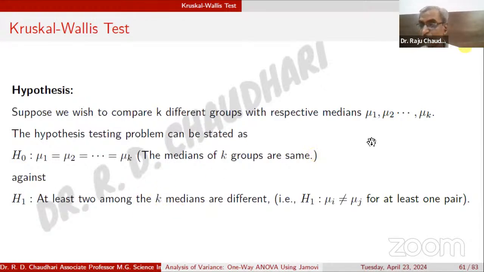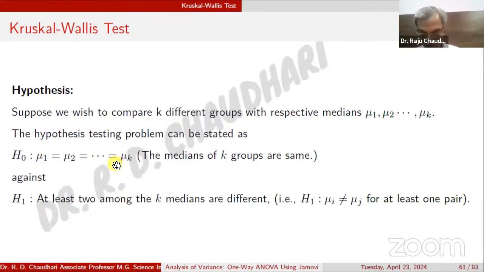Hypothesis: usually in the parametric test, we compare population means, mu1 equal to mu2 equal to mu3. In a non-parametric test, generally we compare the distribution functions or the population medians, right? So instead of comparing means, we compare medians.